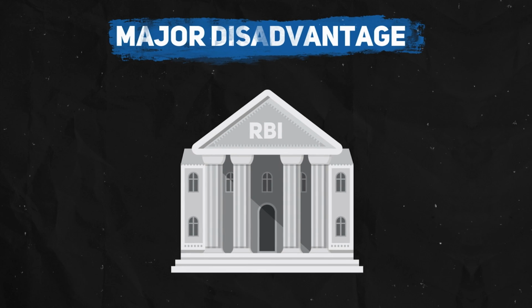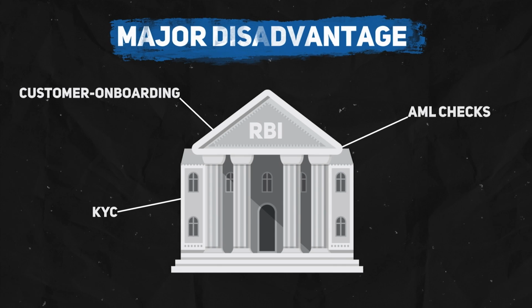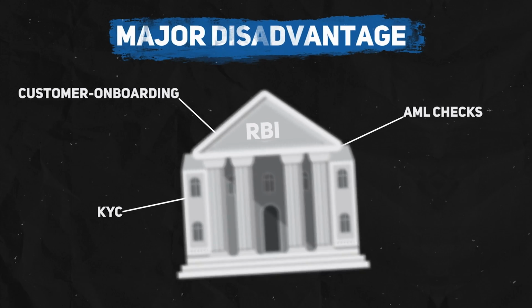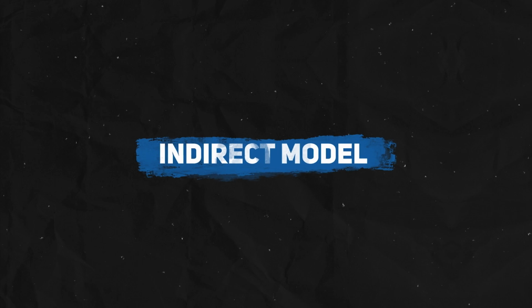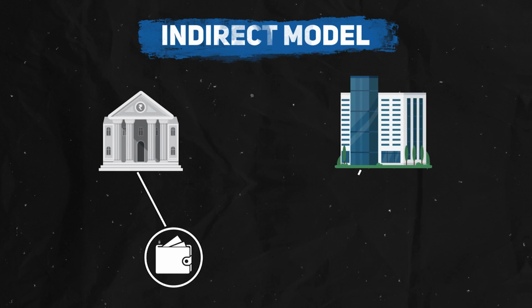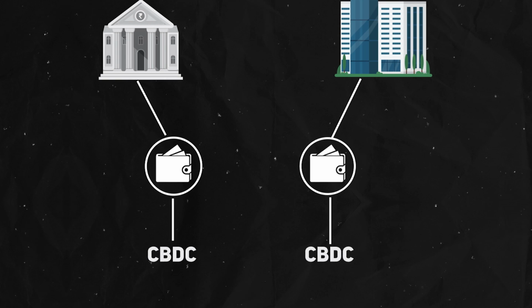But on the flip side, there is also a major disadvantage to the model in the sense that because all the operations are being carried out by RBI itself, including the customer onboarding, KYC, AML checks, this will lead to a huge additional burden which might prove costly and difficult to manage by the central bank of the nation. And this is why the indirect model is introduced simultaneously, which will introduce intermediaries such as banks and financial institutions to the equation, who would hold the CBDC in their own wallets.